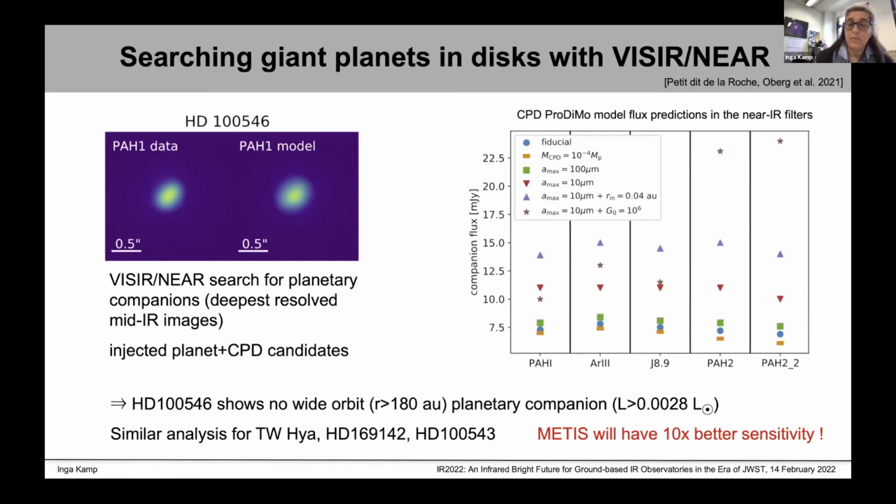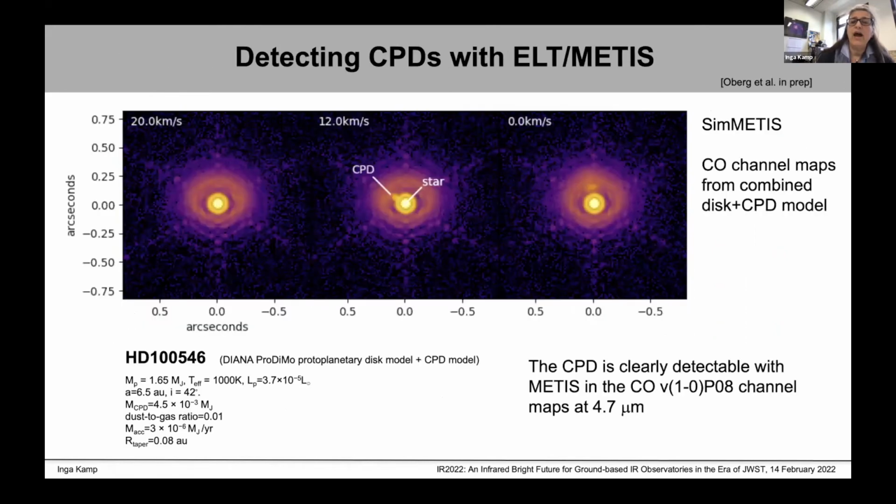And so this brings us to the point that these planets with their circumplanetary disks may not only be a source of continuum radiation, but they can also have line radiation. If you have CO molecules in these circumplanetary disks, and our models with the chemistry and radiative transfer predict that we should be able to see the CO emission from these circumplanetary disks, then we can take the full advantage of METIS at a wavelength of 4.7 micron, where it detects the CO ro-vibrational emission, because now our planet is actually shifted in radial velocity with respect to the emission we see from the protoplanetary or planet-forming disk.